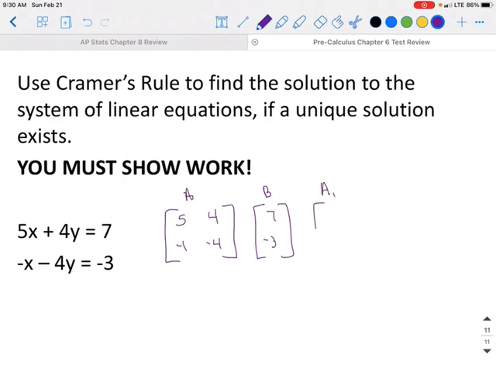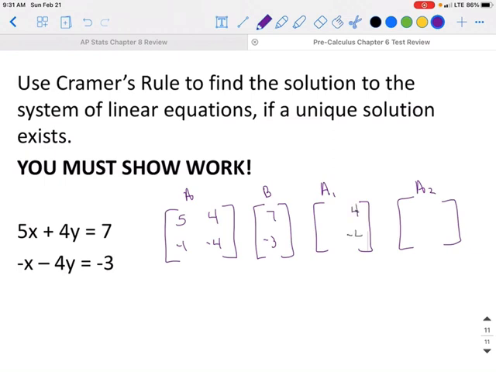We are also going to have to find matrix A sub 1 and matrix A sub 2. Now in A sub 1, that means you're going to take the first column and you're going to replace it with matrix B. So for matrix A, I'm going to erase that first column.